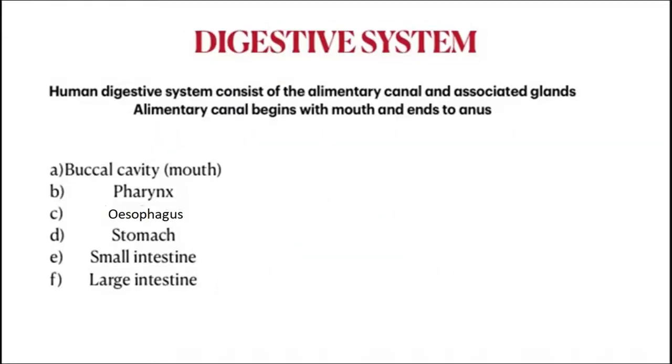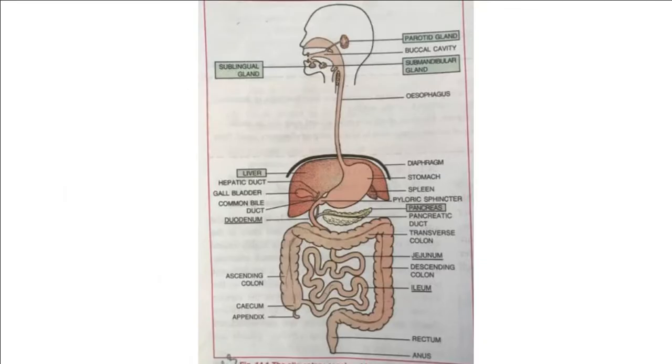Continuous to the stomach, in the diagram you can see the small intestine. Small intestine parts, you can see here, it starts with the duodenum. After the stomach, you have the duodenum, the initial part of the small intestine, which is connected to the stomach with the help of the pyloric sphincter.